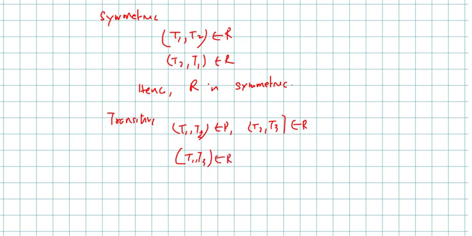Hence, R is transitive. So, as R is transitive, all three criteria are met, and R is an equivalence relation.